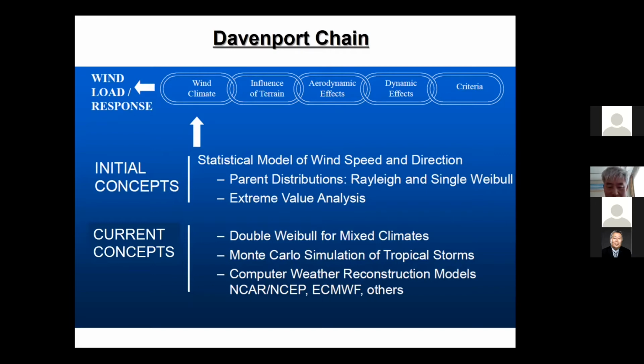And also currently we do Monte Carlo simulation of tropical cyclones to describe the typhoon wind speed. We made a lot of virtual typhoons. And even recently, people do computer weather reconstruction by WRF studies, because meteorologists do a lot of WRF studies to simulate the typhoon process. So everything for wind climate is developing now.